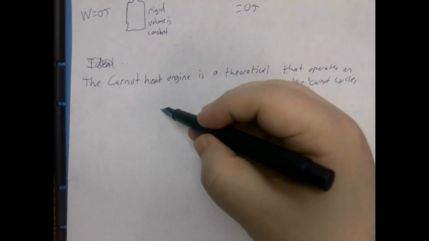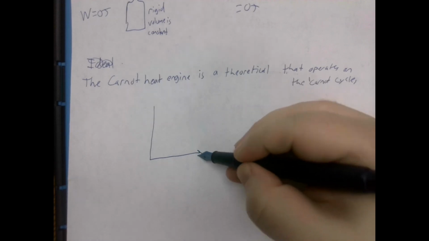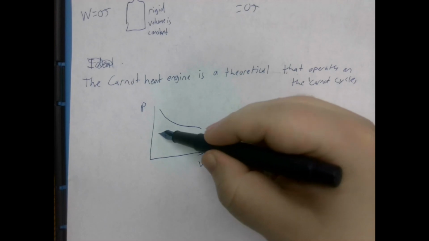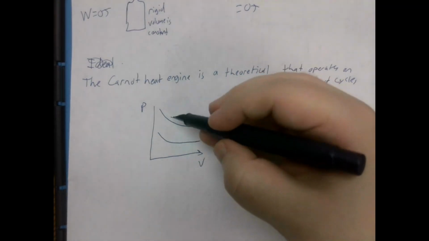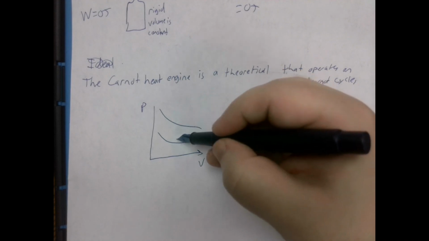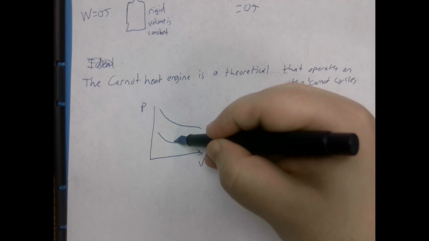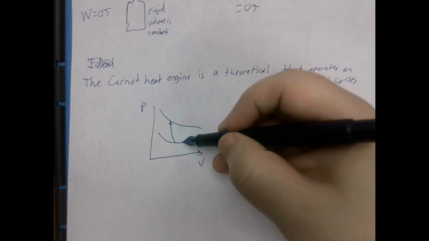So basically, it looks something like this. We have a volume and a pressure. It's a cycle, so it's going to repeat. So if you were to increase the pressure, you can only do that by decreasing the volume of the piston.